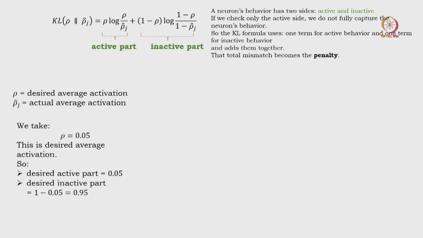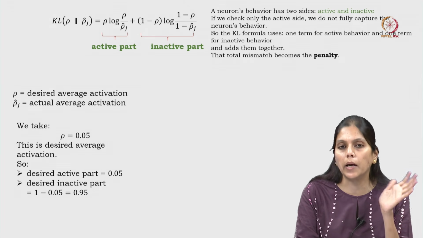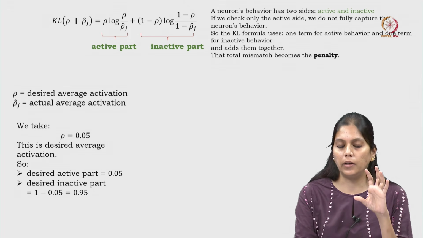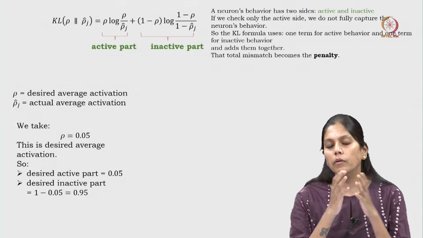Now let us understand, this slide is important because you will get the actual intuition here. There are 2 parts. The first term in the KL divergence we call the active part, and the second term we call the inactive part. What exactly is active and inactive?